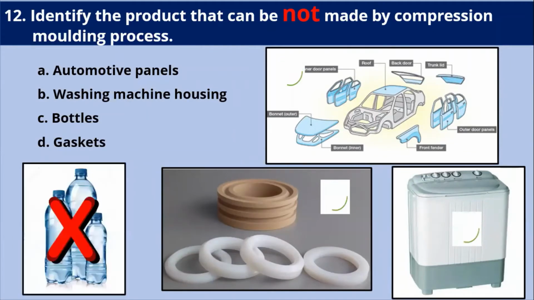But if you see the bottles, bottles are generally made by blow molding, and that's why in this case our answer is that the bottles are not made by the compression molding process, and your answer is C, bottle.